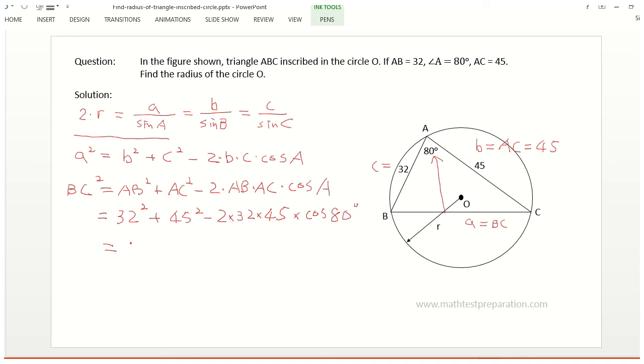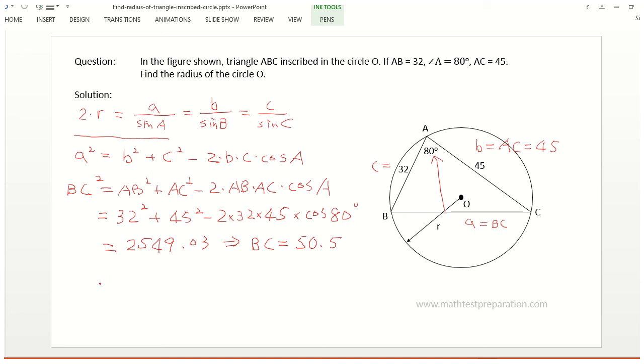This equals to 2549.03. So BC equals to 50.5. Now we get the BC, which is a.